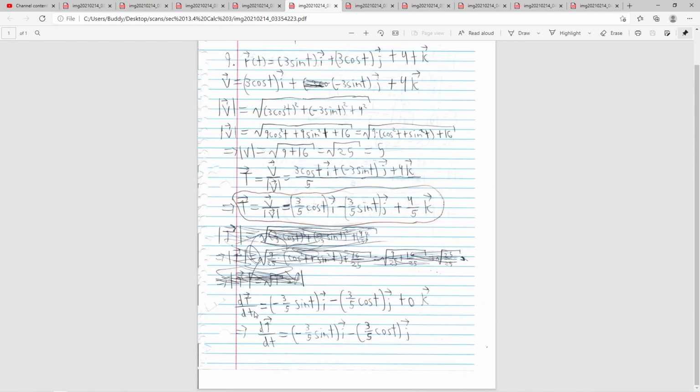The derivative of this t is just simply put the normal type things at this point. Oh, 0, so k is out of the question here. Negative 3/5 sine t because it's 3/5 cosine t. Then it's negative 3/5 cosine t. Negative 3/5 sine t.